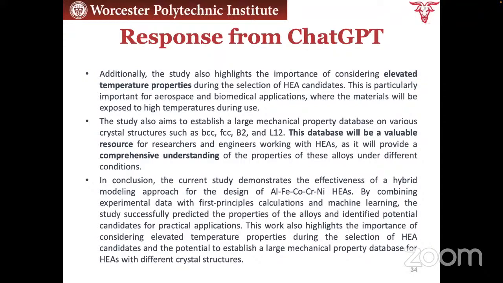At first, it says it is very important to consider the elevated temperature property, same as what we think. It also said that our database is a valuable resource, and it provides a comprehensive understanding of the property. And it said this is a good direction to expand BCC, FCC, B2, L12.